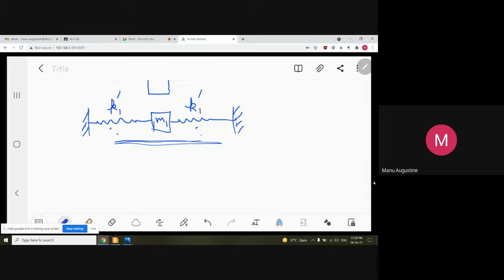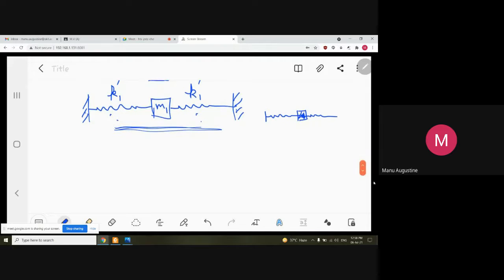Although this looks like a series setup, this is a very, very tricky situation. These springs appear to be in series, but you have to remember the springs will only be in series if they are actually connected with each other. Then they will be in series. If you put a mass in between the springs, then the springs actually become in parallel. So this is something that you have to remember.